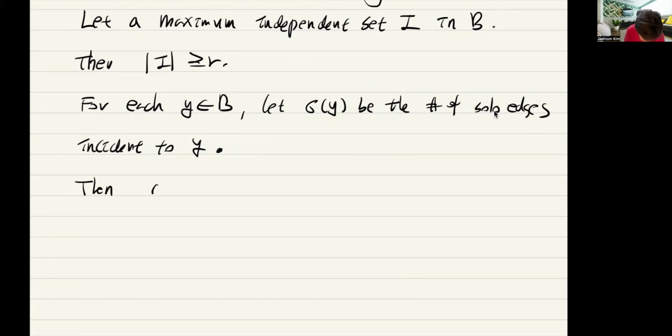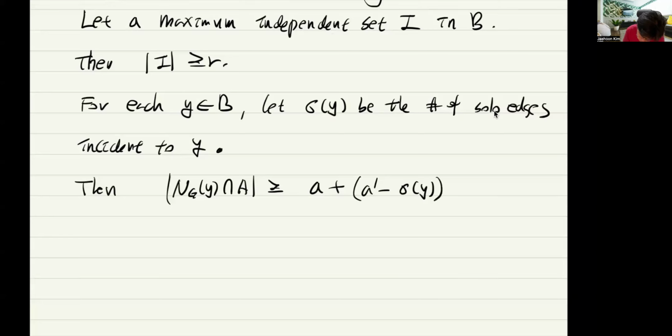Then what? You consider the number of neighbors of Y in A, and that's at least A plus A prime minus sigma of Y. Why?